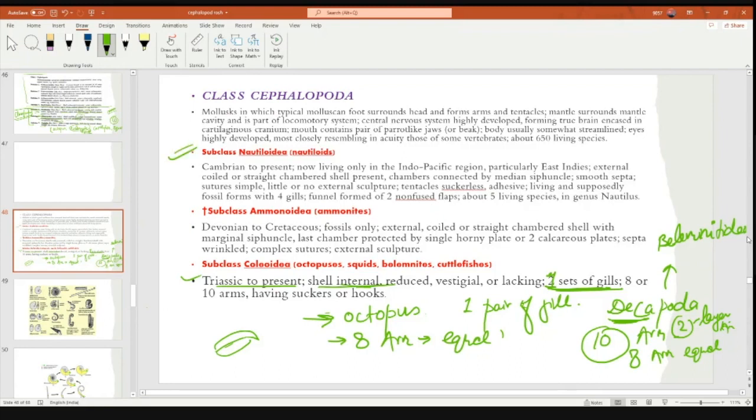As we see, there are 3 subclasses: Ammonoidea, the second one is Nautiloidea, and the third one is Coeloidea, which includes octopus, squid, belemnite, cuttlefish. And Ammonoidea's age is Devonian to Cretaceous, and Nautiloidea is Cambrian to present. Ammonoidea is totally extinct. Except for this one, all are living, and belemnites is extinct.